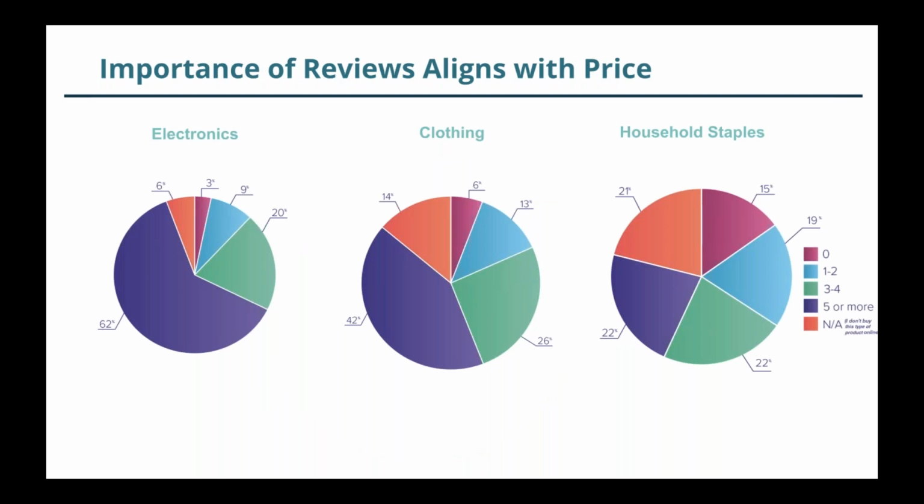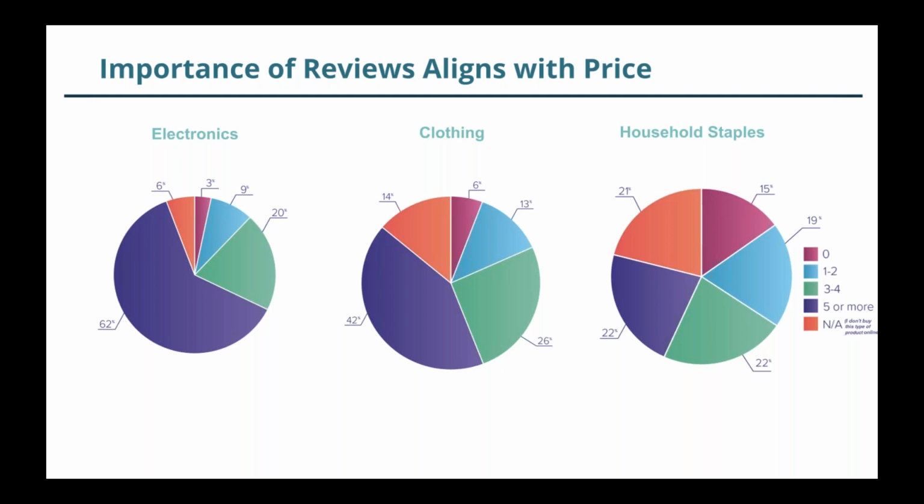And this is consistent with the other research that we've done. The way this slide is organized is we asked how many reviews do you need to see before you'll be comfortable making a purchase. For household staples, there's a pretty good distribution between 1 and 5 or more reviews.